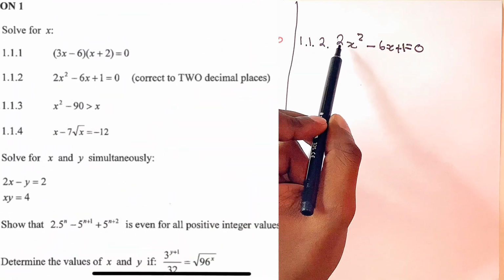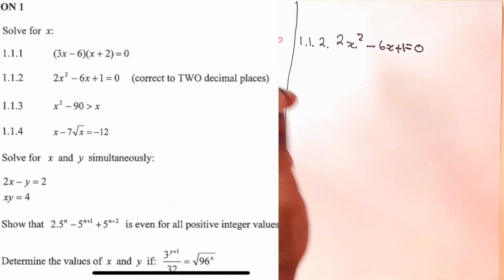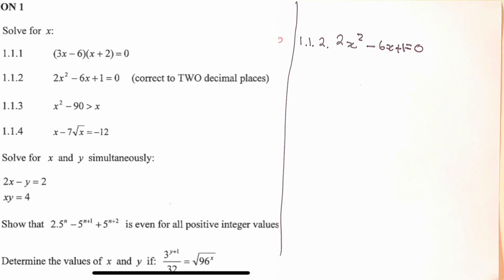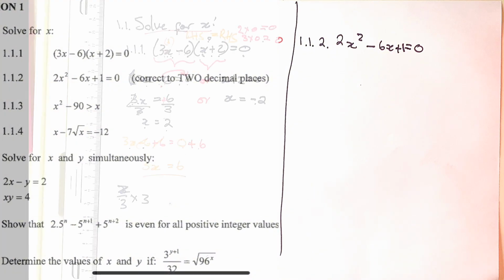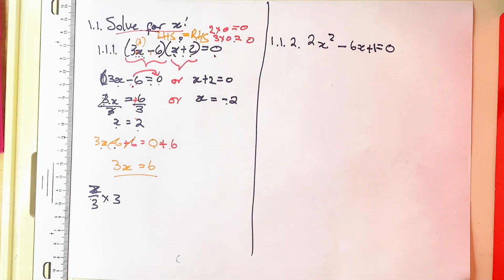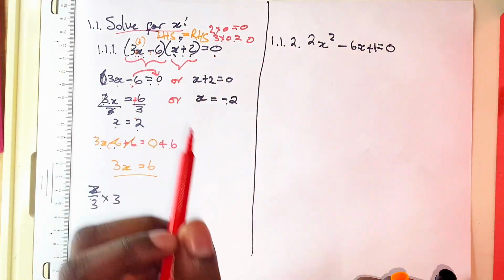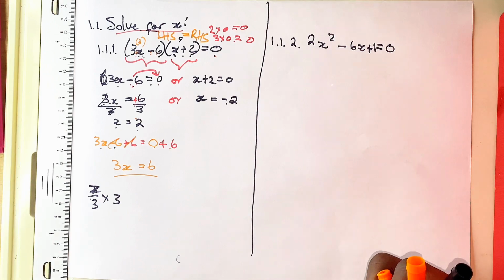An interesting thing is that on the question paper they say correct to 2 decimal places, and once they say correct to 2 decimal places in solve for x, we know that they are hinting that we should use the quadratic formula. Now the quadratic formula, you will find it in your list of equations at the back.